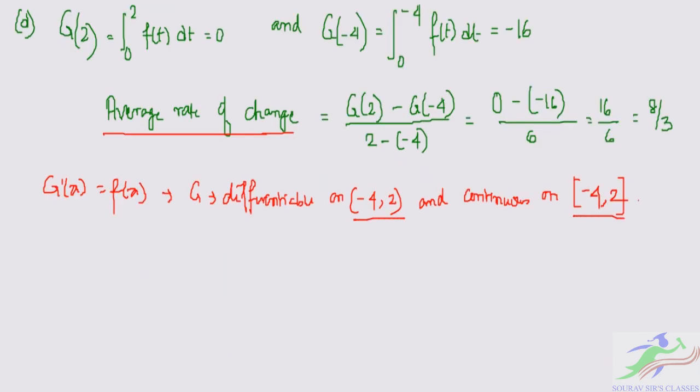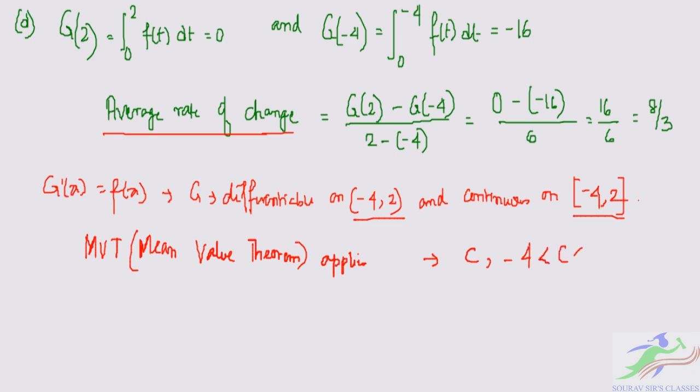Therefore the mean value theorem, the MVT, applies, and it guarantees a value c, where c is between minus 4 and 2, for which g prime of c is equal to 8 by 3. So that is our answer with justification.